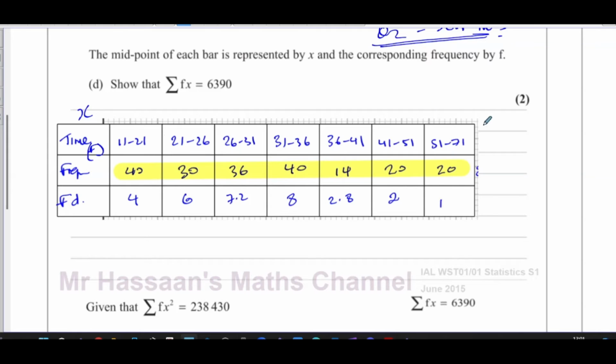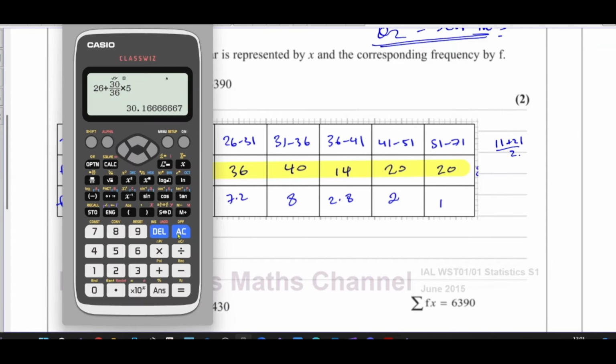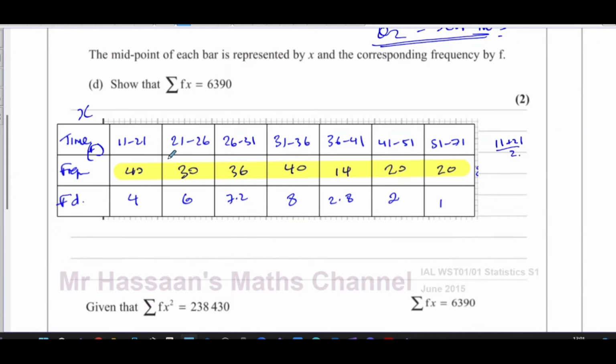So it's 11 plus 21 divided by 2. I'll just do them on the calculator to make life easier. 11 plus 21 divided by 2, that's going to give you 16. So 32 divided by 2, that's halfway, 16.